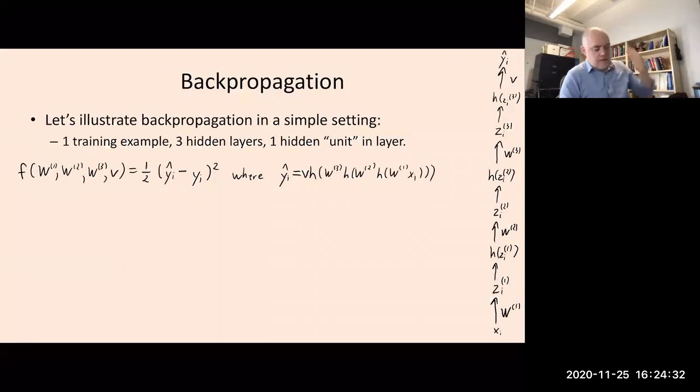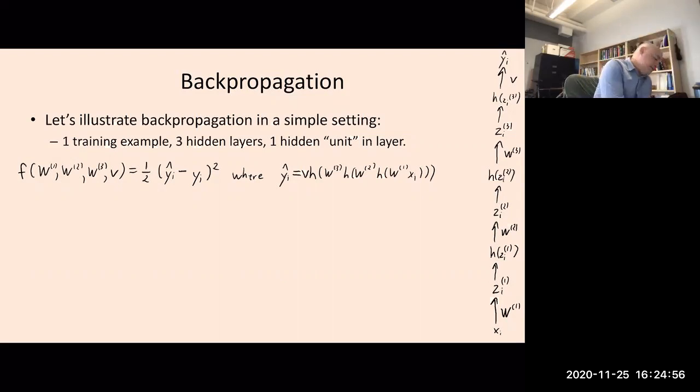So we're going to give a very brief idea about what's going on in backpropagation with one training example, three hidden layers, one hidden unit, basically a scalar hidden unit neural network. And then on Monday, we'll do automatic differentiation, which will give you a better sense of what's really going on under the hood.